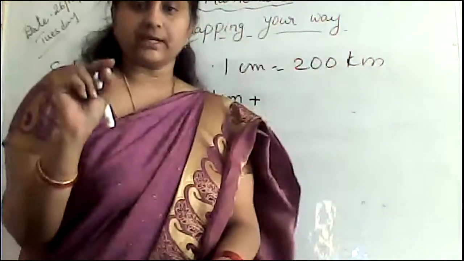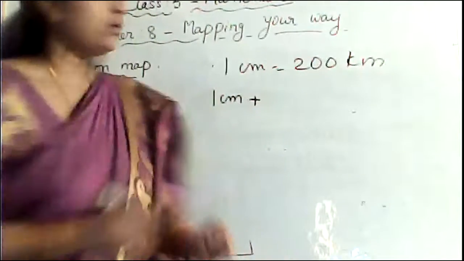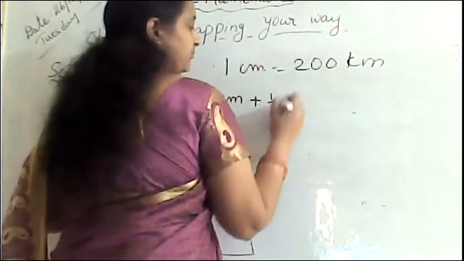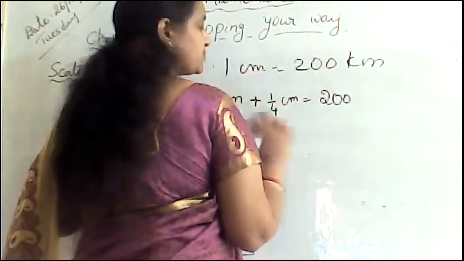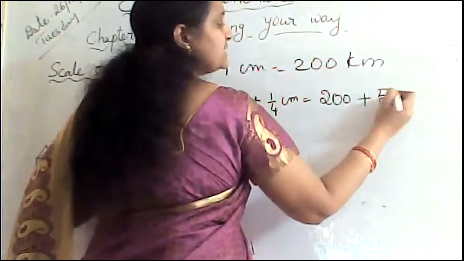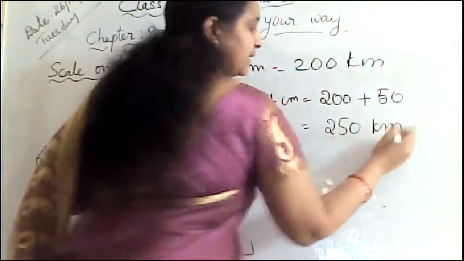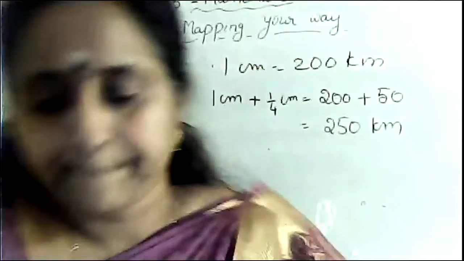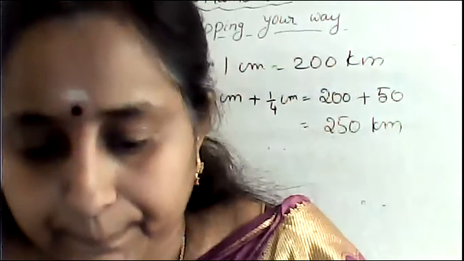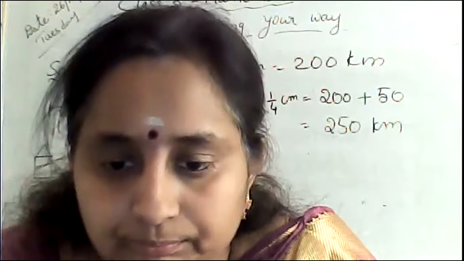Observe that. So it is a quarter. 1 centimeter means 200, and a quarter means 50. So it is 250 kilometers.